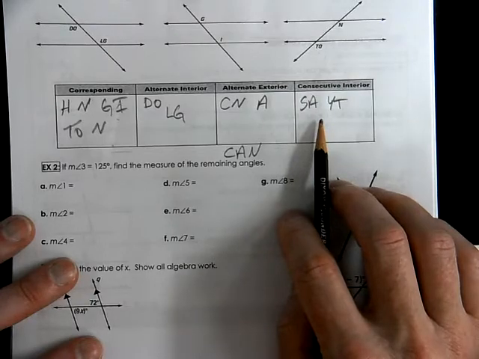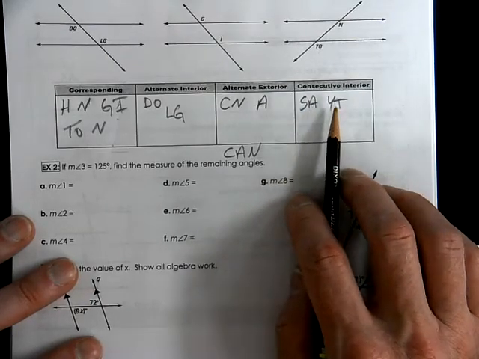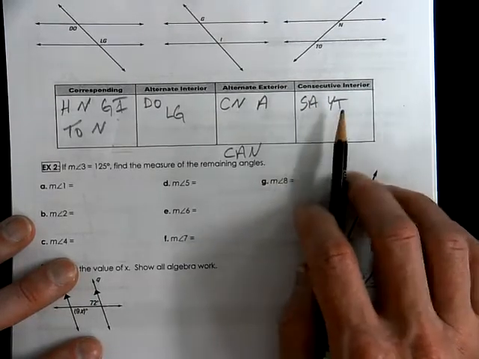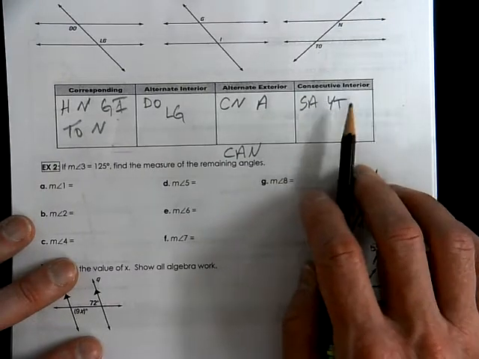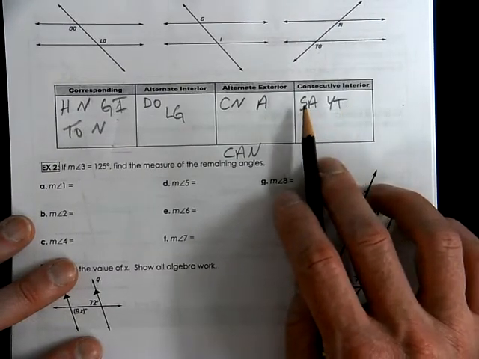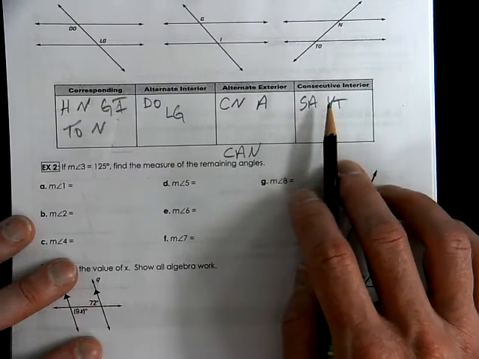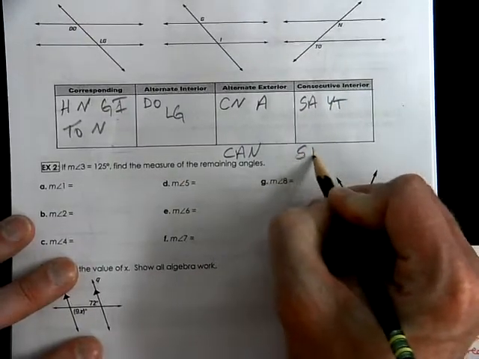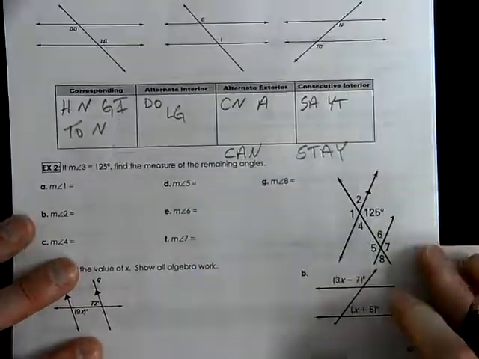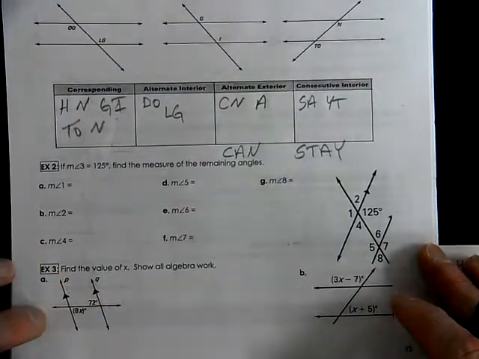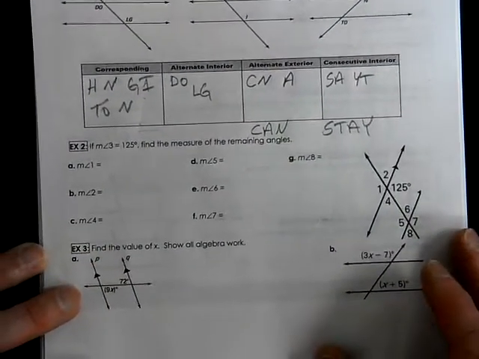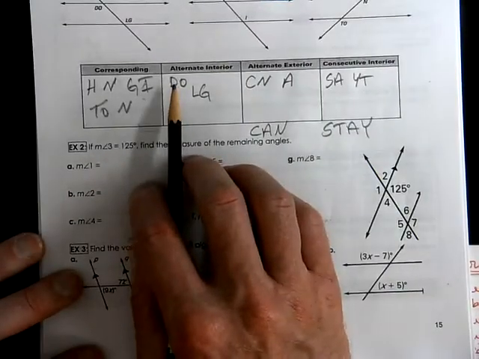Over here, the last one. How could we get a word out of S, A, Y, and T? S, T, A, and Y. Stay. Can stay are the words so far.